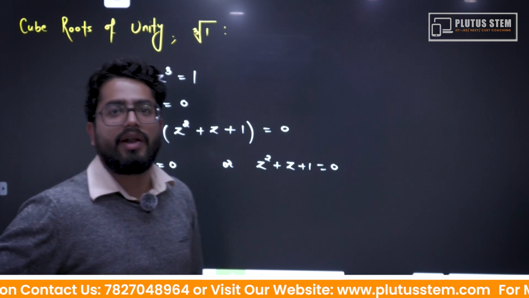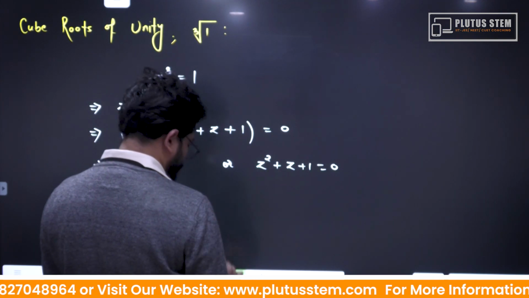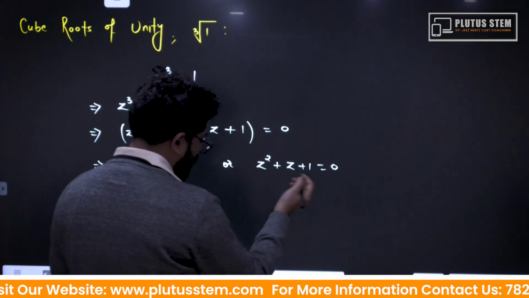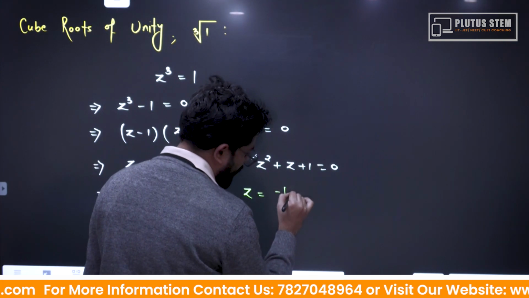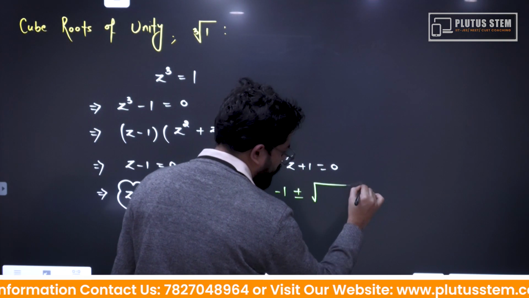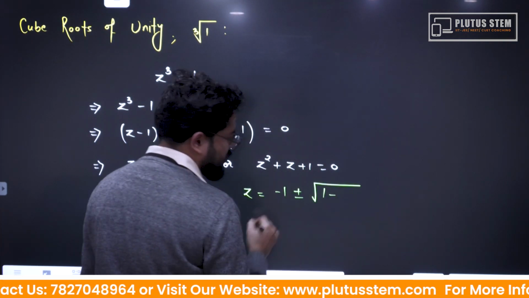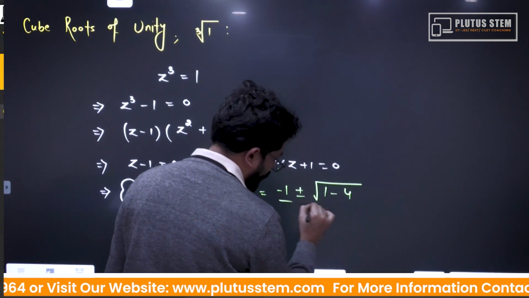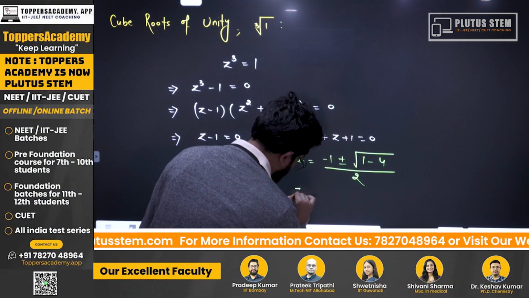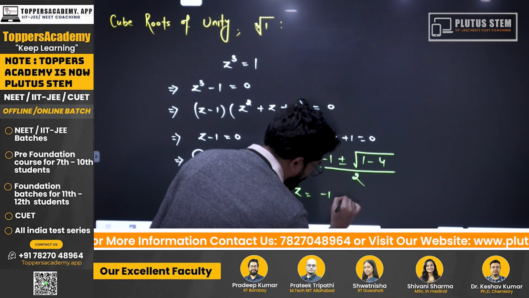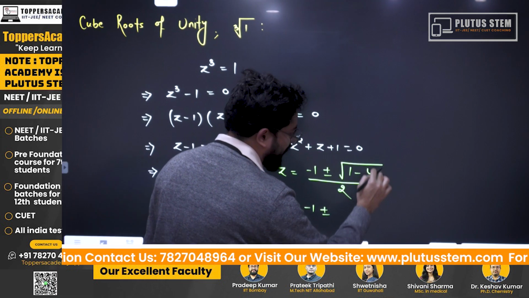Whenever z square plus z plus 1 is equal to 0, we can find the roots using the formula z is equal to minus b plus minus under root b square minus 4ac, divided by 2a. Simplifying, z is equal to minus 1 plus minus under root of minus 3, divided by 2.